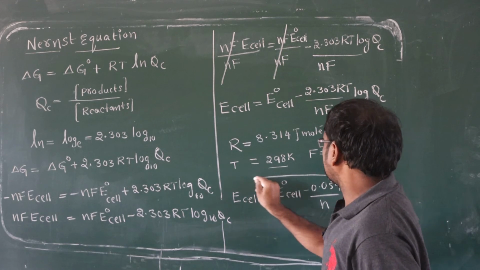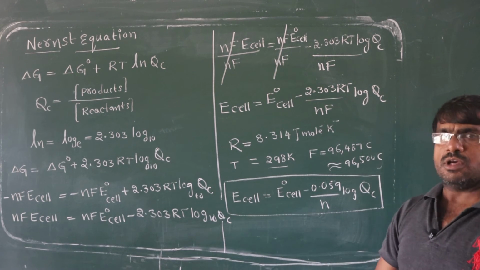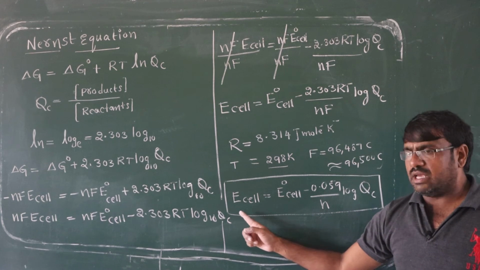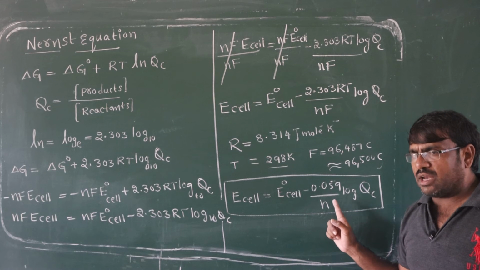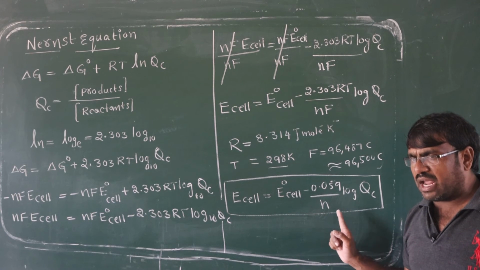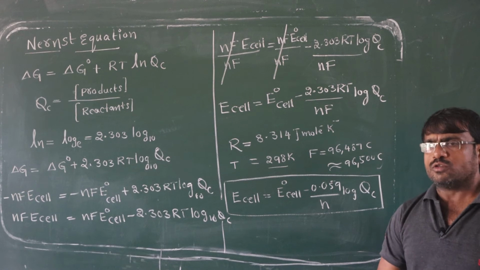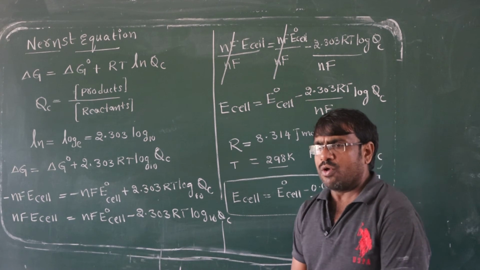This equation is known as the Nernst equation. This equation is useful for the NEET exam. E cell is equal to E naught cell minus 0.059 by n log Qc. Okay, so this is about the Nernst equation.